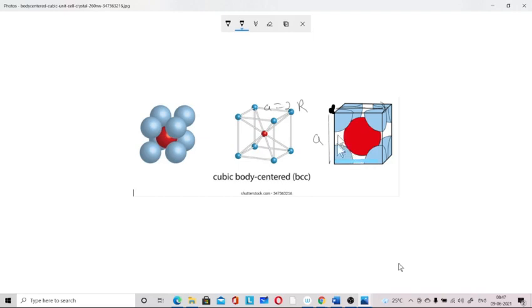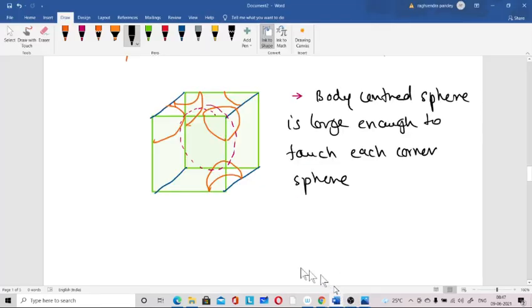I can't write that because there is a gap here. Suppose this is the radius R and radius R, so that is a gap. That is not a possibility here. So A is equal to 2R is not a possibility.